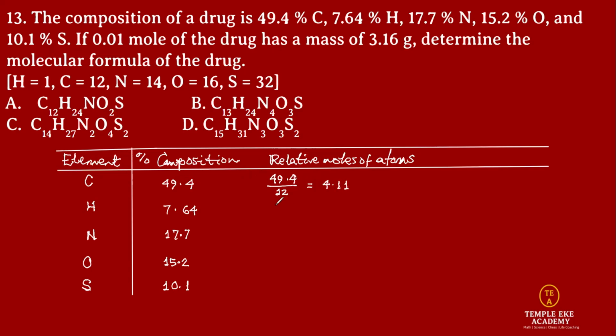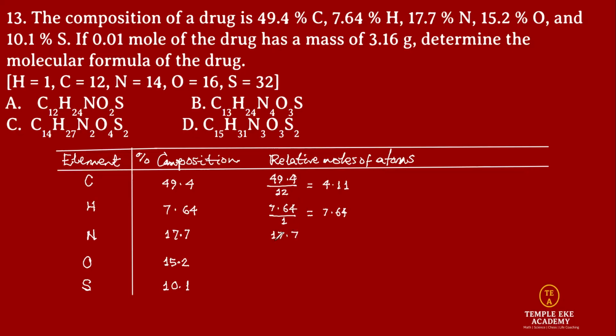The next one, 7.64, divided by the relative atomic mass of hydrogen, which is 1, not the molar mass, which would have been 2, but the relative atomic mass. So 7.64 divided by 1 returns 7.64. Now for nitrogen, we have 17.7 grams of nitrogen.